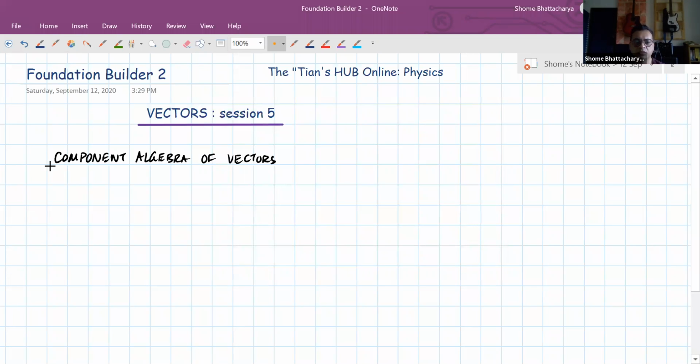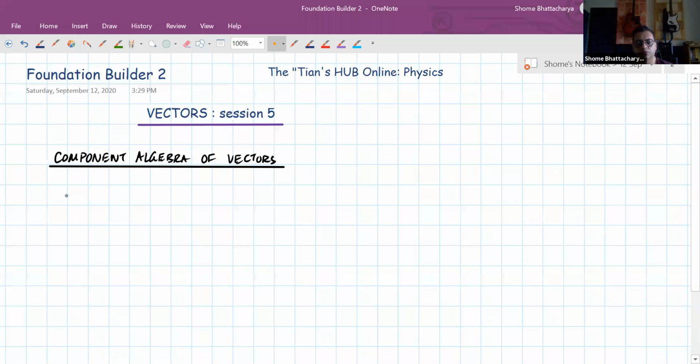So it's not that the geometrical method we have used last time is not important or not enough. It's useful, but from this point onwards, we will also learn a second method, which will come as an option for us. So we'll solve problems by both methods from now on, and we'll see that in certain questions the component method is easier, and in certain questions the geometrical method is easier.